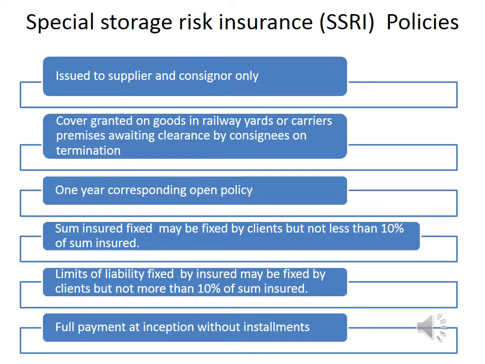Limits of liability may be fixed by clients, but not more than 10% of the sum insured. That means, say, in a railway yard, my liability cannot be more than 10% of the overall sum insured. So full payment is given as a premium at the inception without any installment. So there are no installments provided when it is a special storage risk insurance policy.